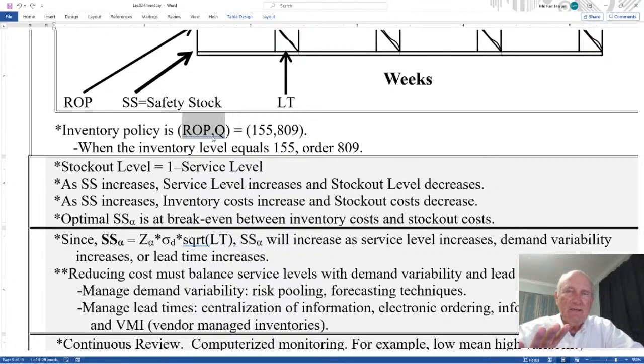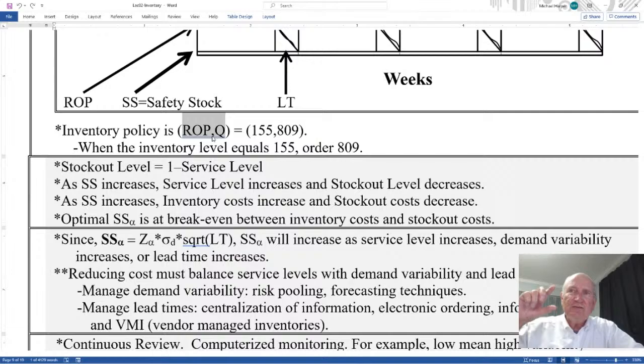Common mistake. When the volatility of your demand begins to increase, they go, we need to order more to guard against stockout. That's wasteful. It's costly. No, we order the same amount, but you order it sooner. The ROP increases, the reorder point increases, we order it sooner.